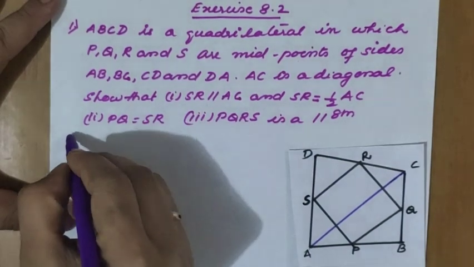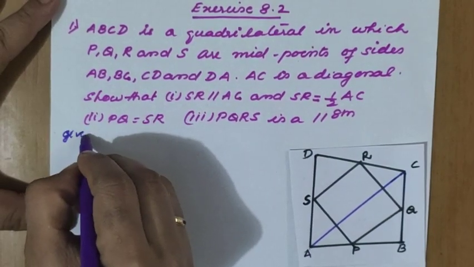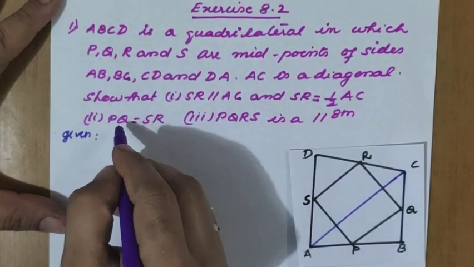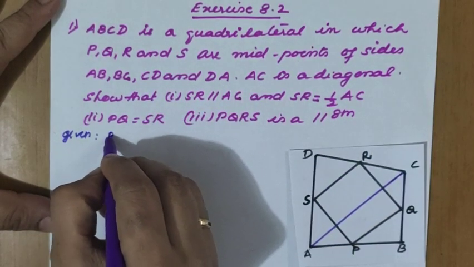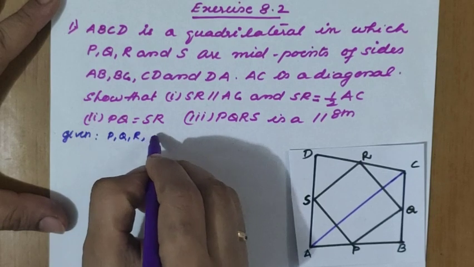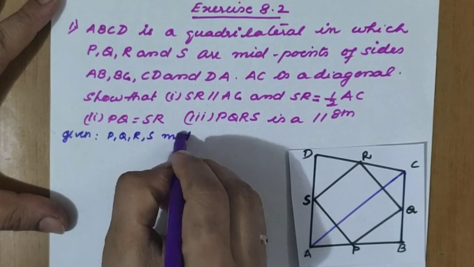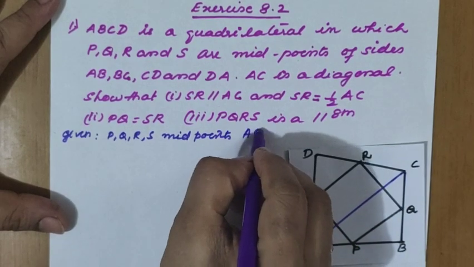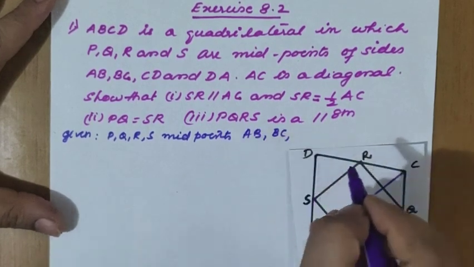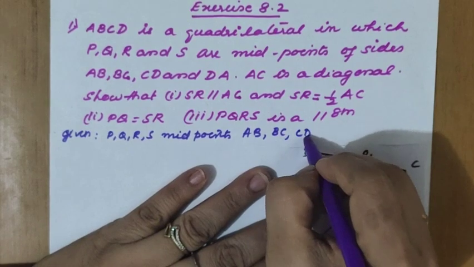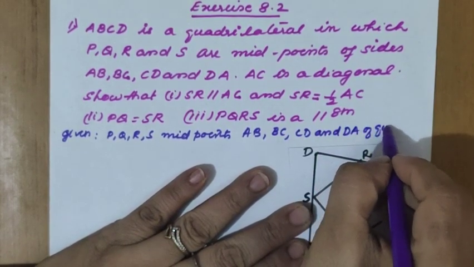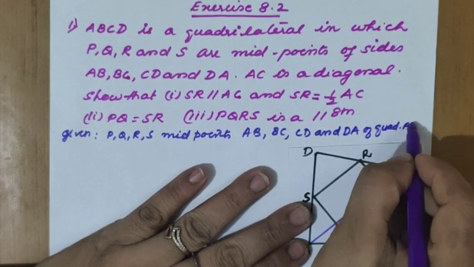So what is given in the question? PQRS are the midpoints of the sides of quadrilateral ABCD. I'll write here: PQRS midpoints of AB, BC, CD and DA of quadrilateral ABCD.